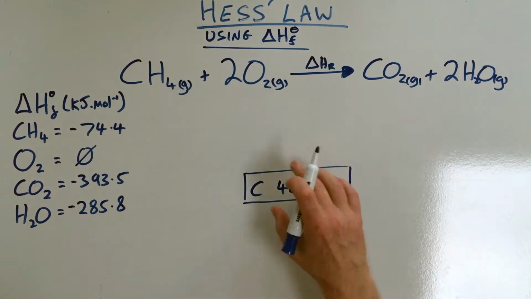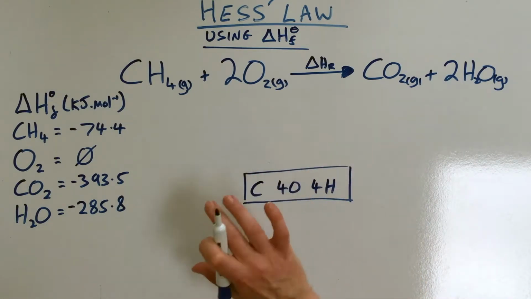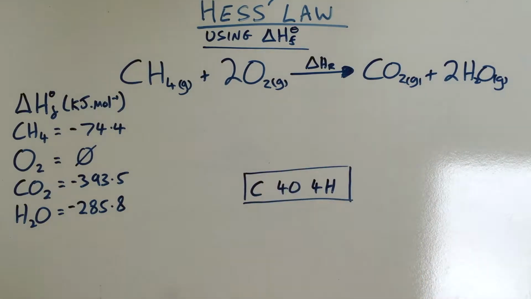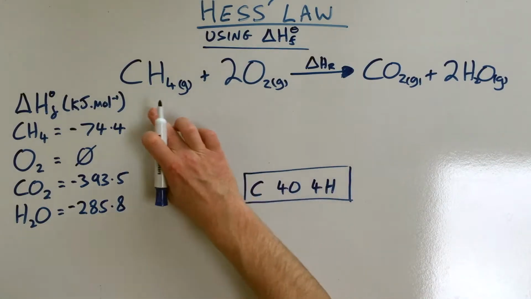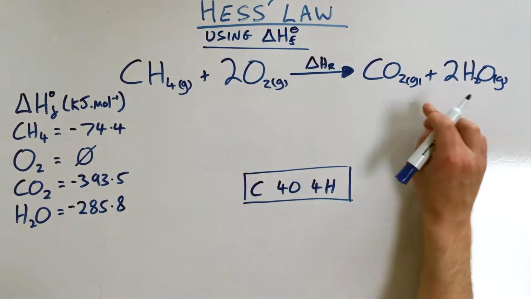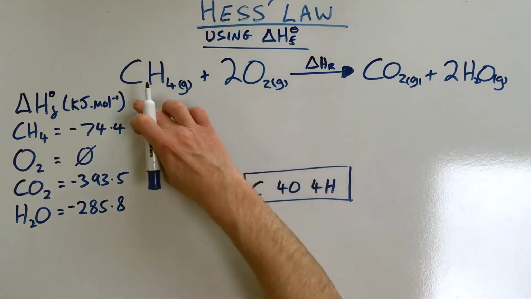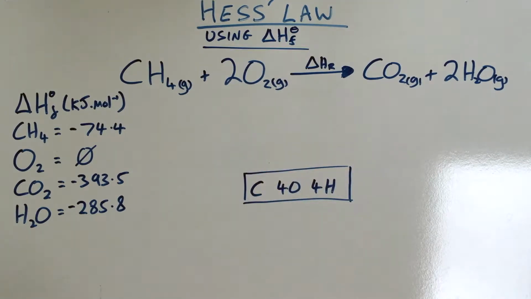You don't need to balance this down here. I'm just putting them in so we know exactly what we've got. And of course, because it's balanced, whatever we've got in our reactants, we've got in our products. So it's a link between the two. All these are made of these, and all these are made of these.